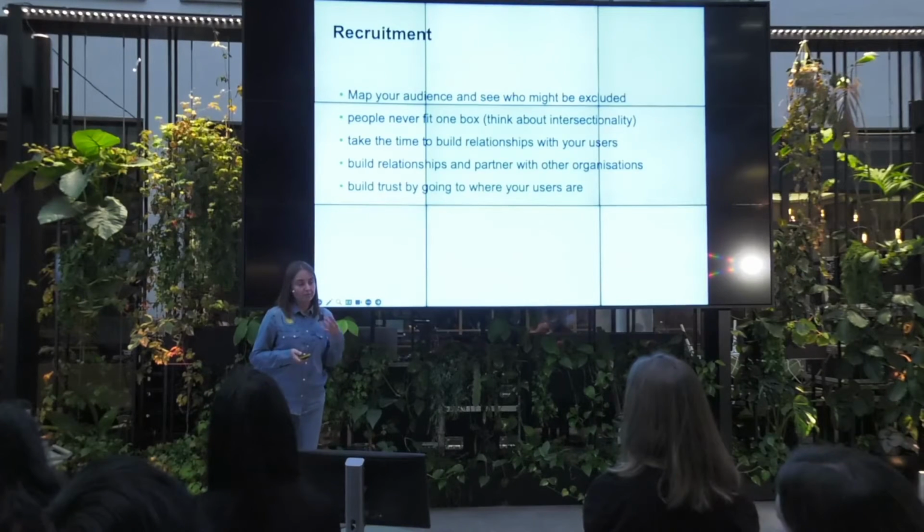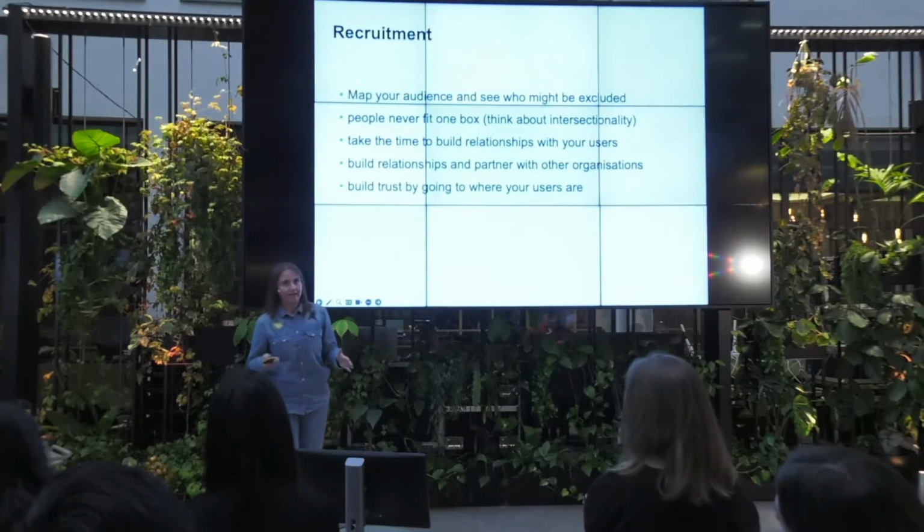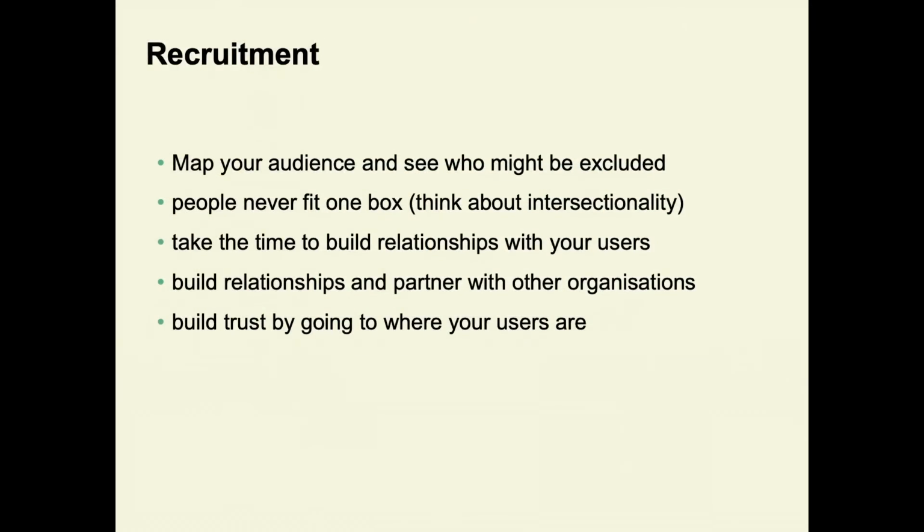You can also build trust by going where your users are. The last few years have been a lot about online interviews, so we got used to this. But we have to think again and ask the question: who are we excluding this way? In order to build trust with the communities, you have to go where they are, or begin there. So how do we get acquainted again with going out, going where these people might be?